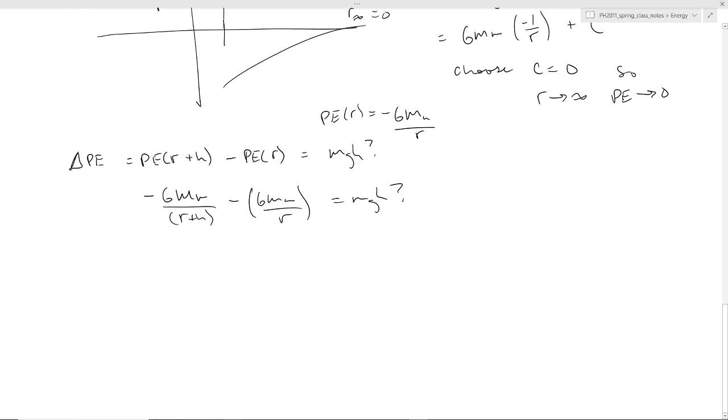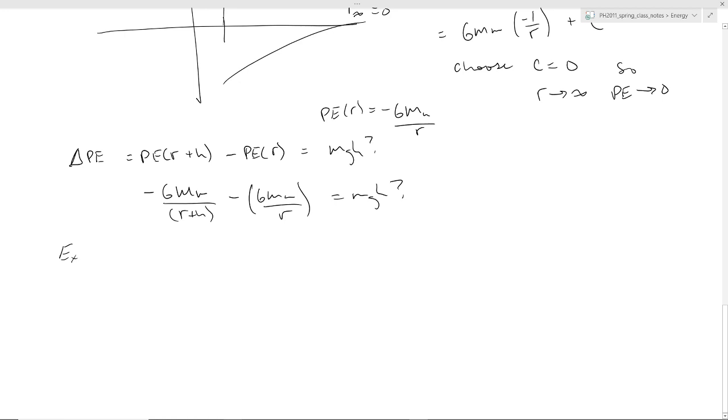Well, we can expand the potential energy as a function of h around h equals 0. So what is that going to look like? Our function of h is negative GMm times r plus h to the negative 1.